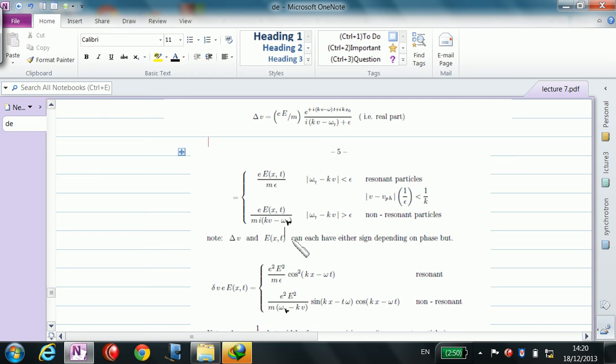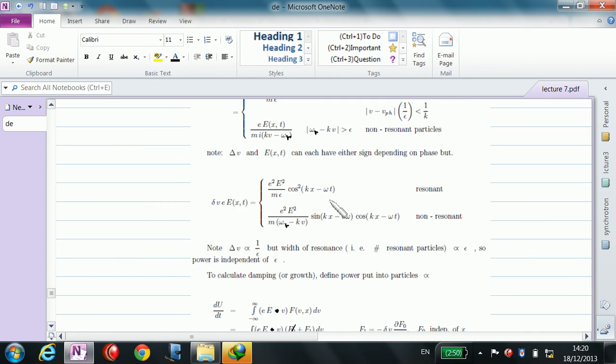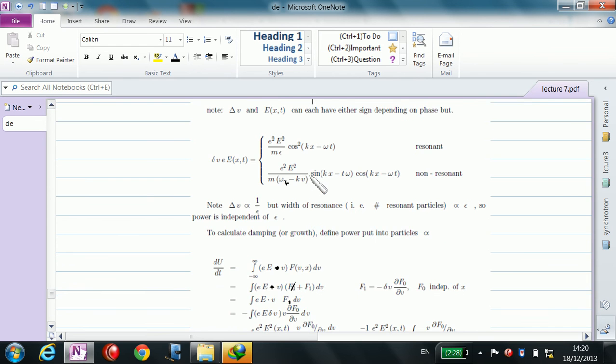I don't have to write omega r, because the reason I wrote omega r is because we separated out the real part and the imaginary part of omega. And we ignore the imaginary part when omega real is far from the resonant value kv. I mean when v is far from the resonant value omega r over k.